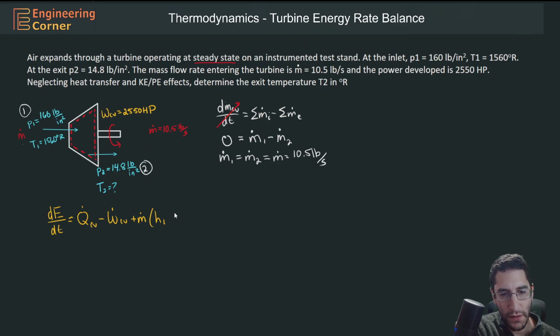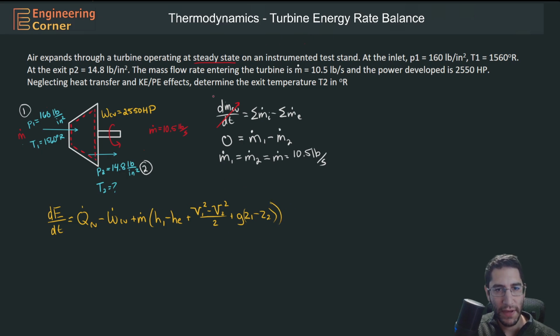And I called that 1 and 2 actually. So H1 minus H2, plus the velocity of my inlet squared minus the velocity of my outlet squared over 2, and then plus my potential energy of the inlet minus the potential energy of the outlet.